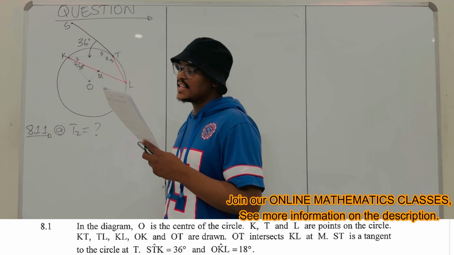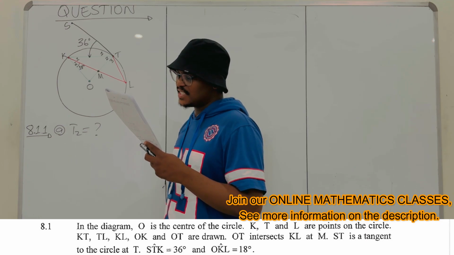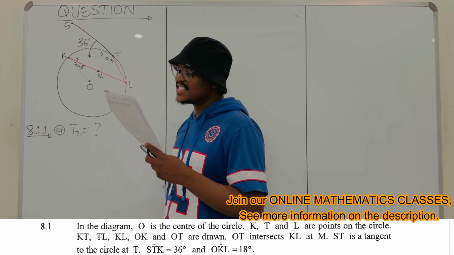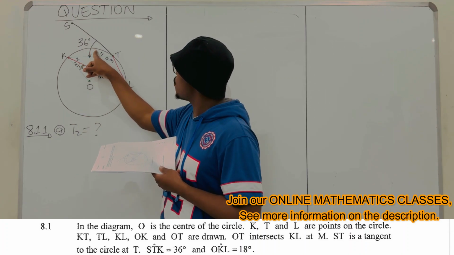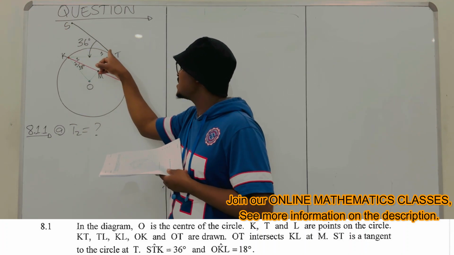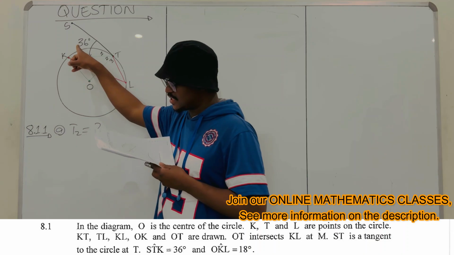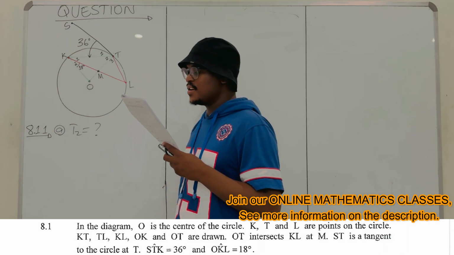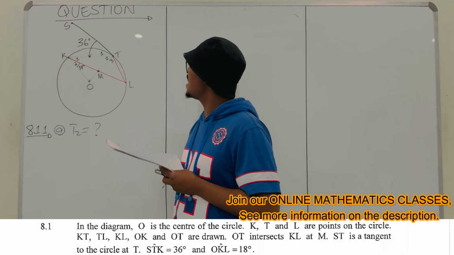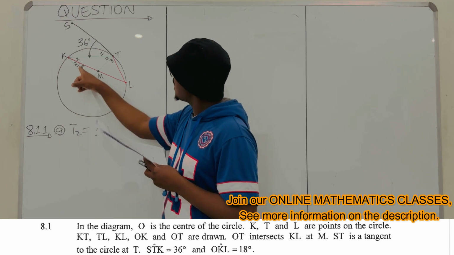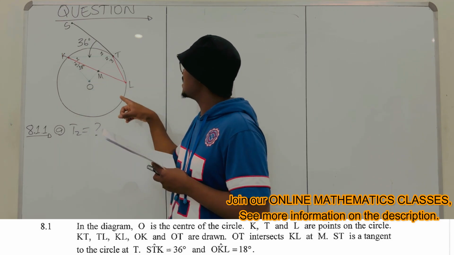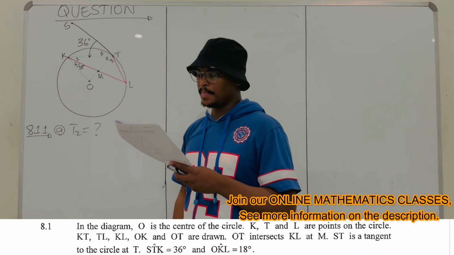They went on to say that angle T, which is your T1 in this case, formed by ST and TK, is 36 degrees. And angle K, which is the angle formed by OK and KL, is 18 degrees, as you can see over there.